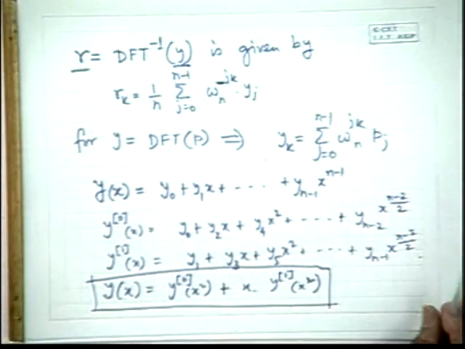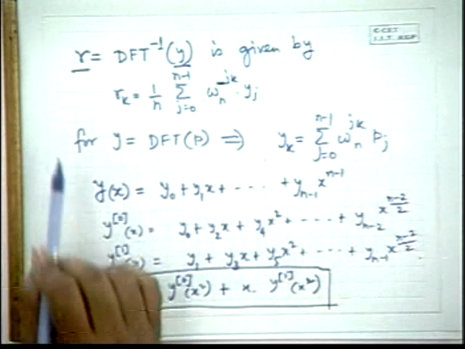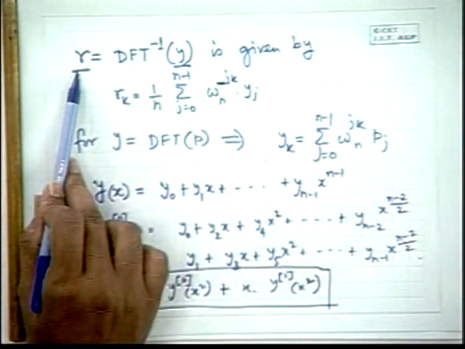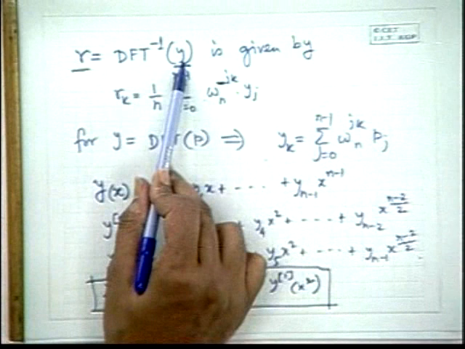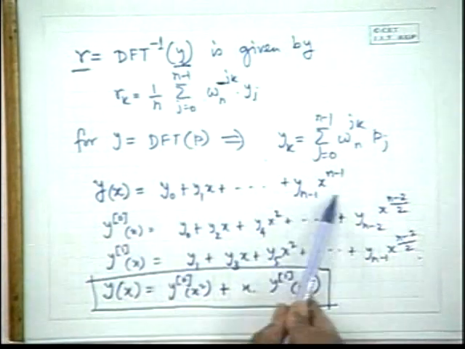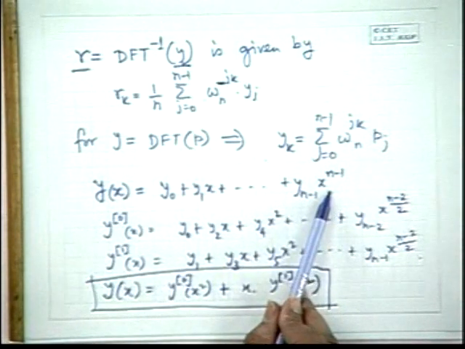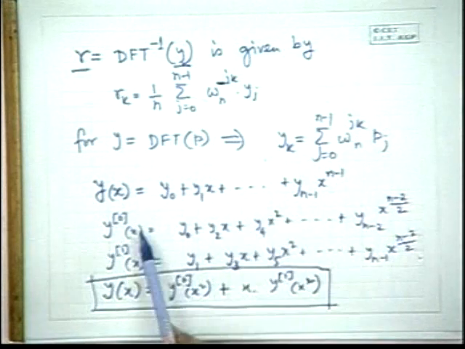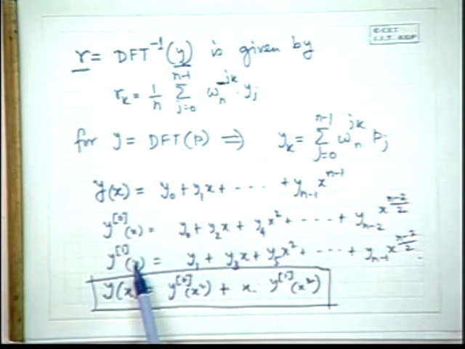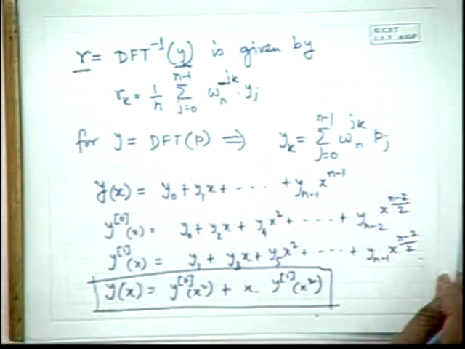Let me repeat: we are trying to get the vector r from the given y. This is a polynomial we are just forming for our convenience. We have divided it into two parts and written y(x) like this. Let's see how we can use this now.